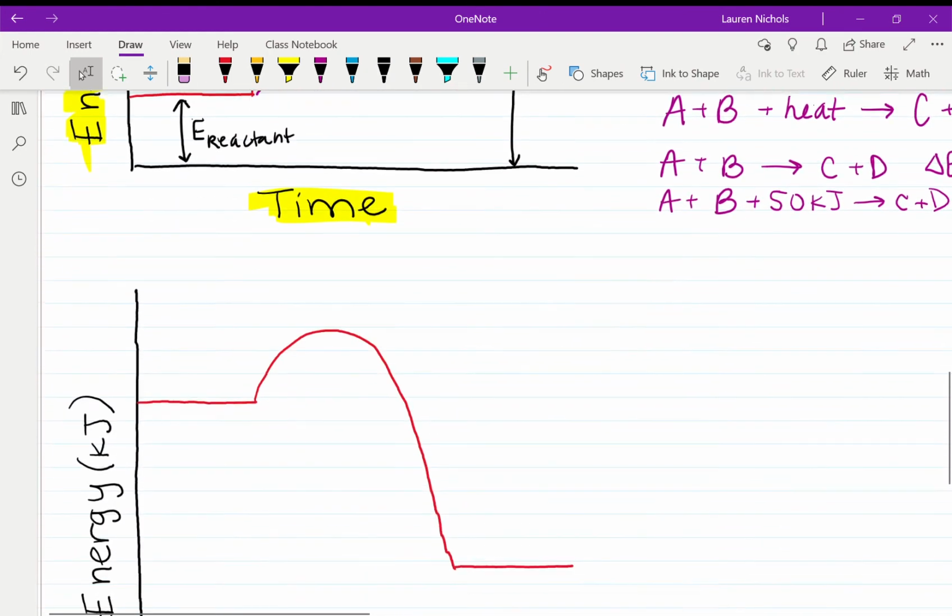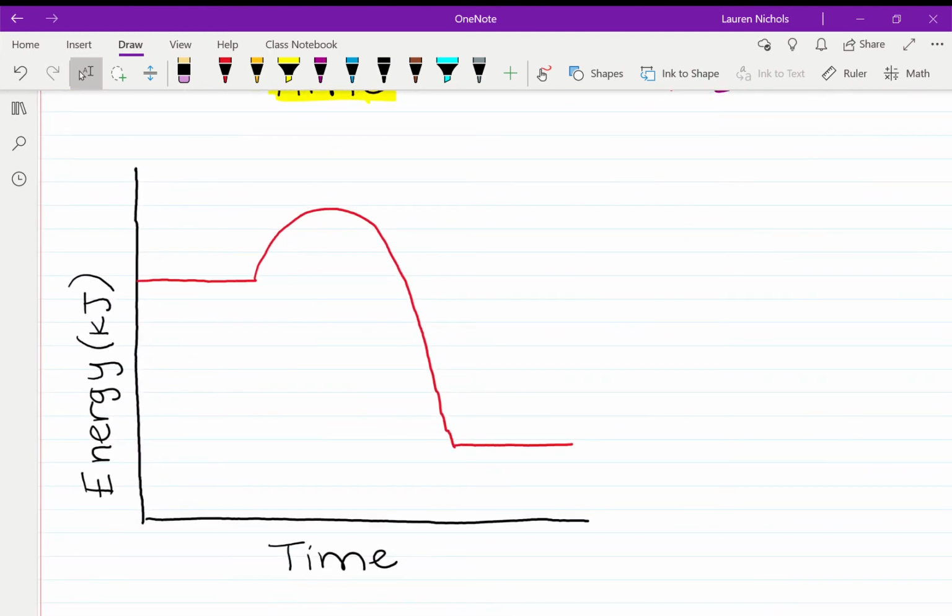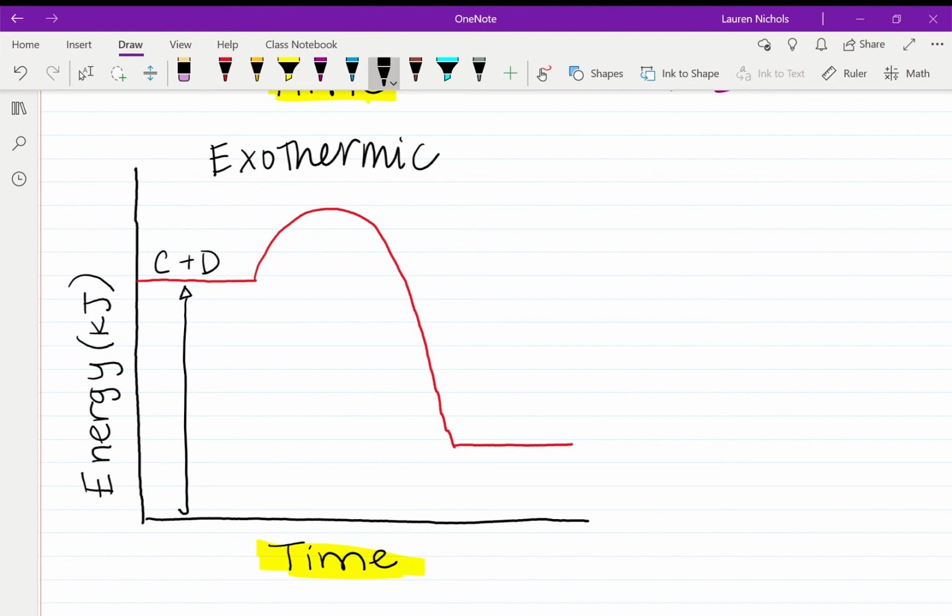Now, the other type of graph is an exothermic graph. And you can already see that it looks like the opposite of this, but remember, with time being on our x-axis, that means that this first part here is still our reactants. So in this case, let's reverse it, so C plus D, okay, that means from here all the way to here, that's our energy of our reactants.